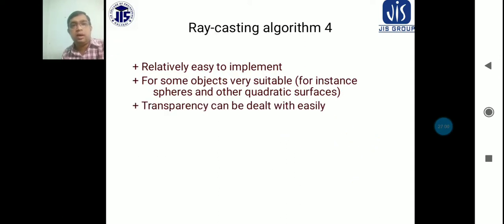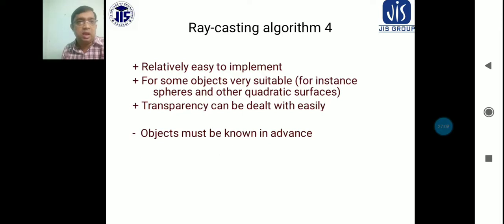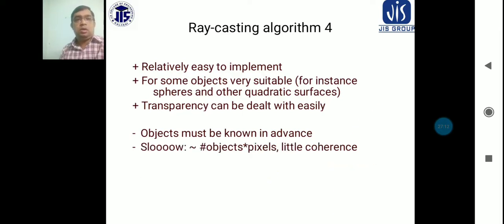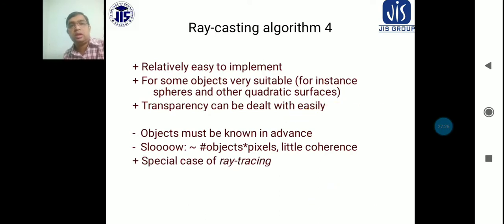Another thing is that transparency can be dealt with easily, and minus, objects must be known in advance. So, that means the objects and the pixels, and there is little coherence here.